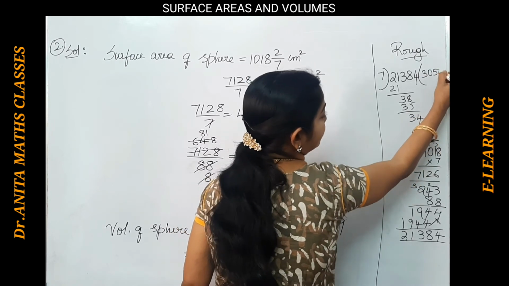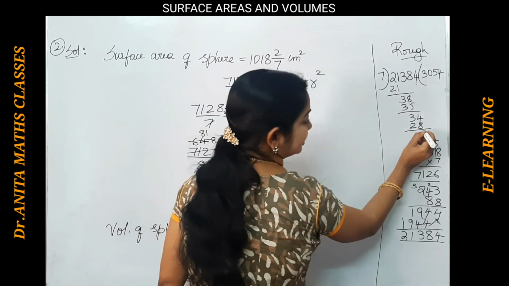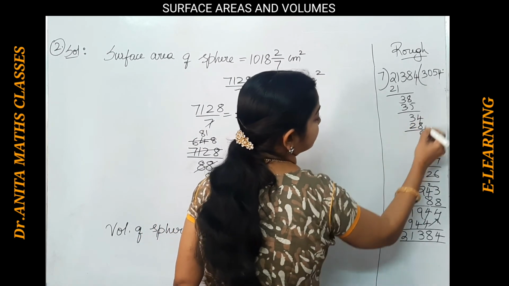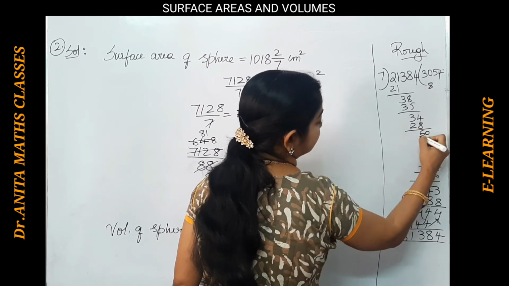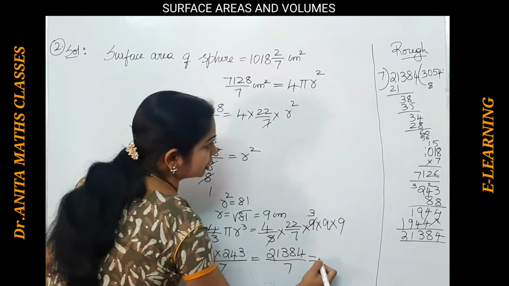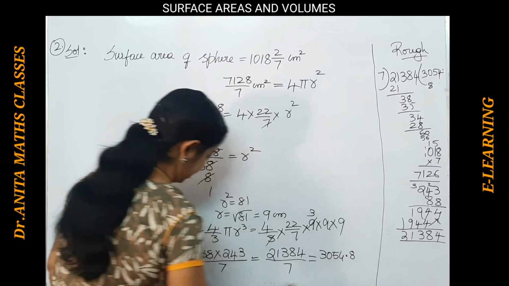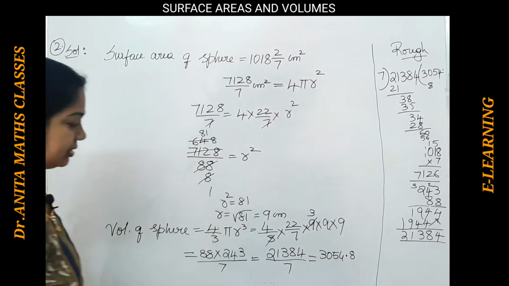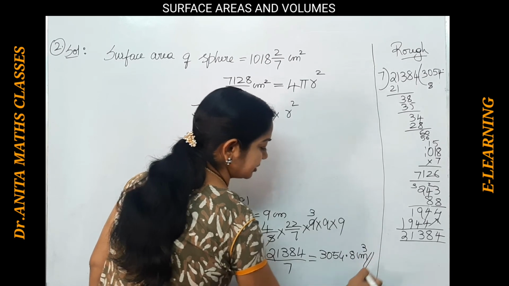So 7 4s are 28 you have. So you get here 6. So point you take 0. So 7 8s 56. Right? Likewise. So 1 point it's enough. So 3054.8. So since it is volume and in centimeters you have all the measurements, so centimeter cube, cubic centimeters is the volume.